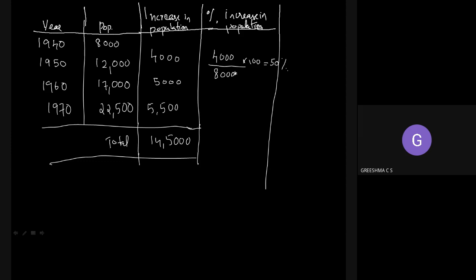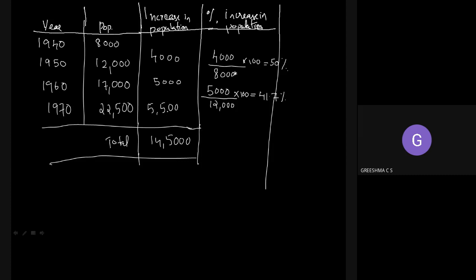Come to the next one, between 1960 and 1950. The increase in the population is 5,000, with respect to 12,000, into 100. So how much is it? 41.7. Next is the percentage of increase between 1960 and 1970.